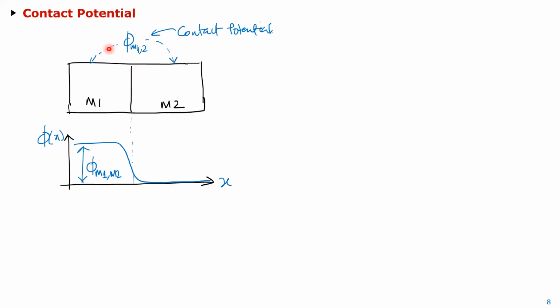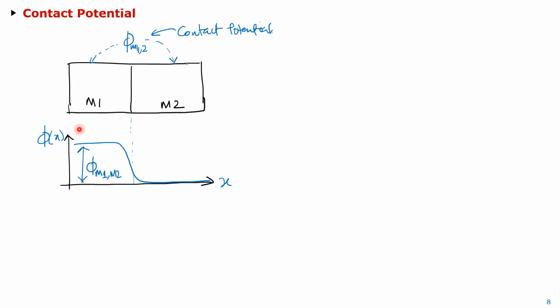Because of this contact, it's almost like the built-in voltage of the PN junction, but here it applies to any material. If you take two materials, M1 and M2, and join them, you get this potential difference because of the electron potential difference, like in the PN junction.